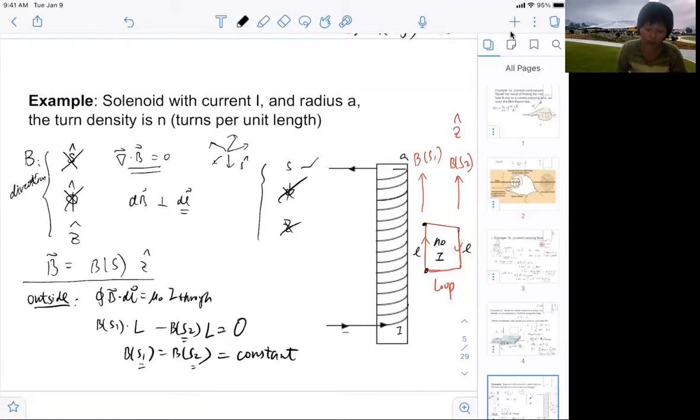So I argue, well, if B is a constant all the way here, now I can draw my loop. If this is my solenoid, I can draw a loop here, here, here, all the way to infinity, and they're all constants. All of them will give me B here is the same as here, as here, as my infinity. So they should equal B at infinity. And what is the B field at infinity?